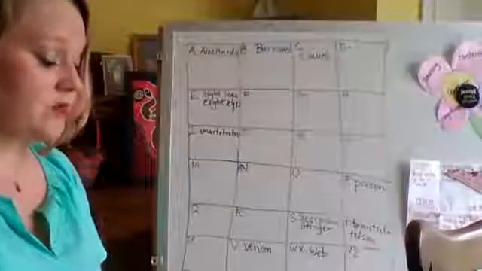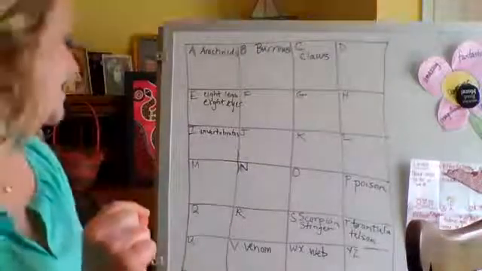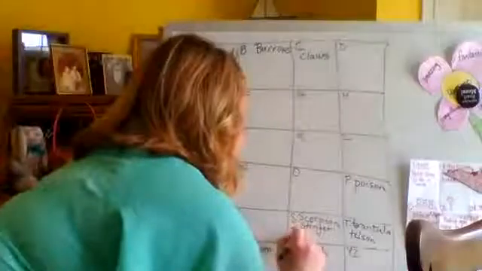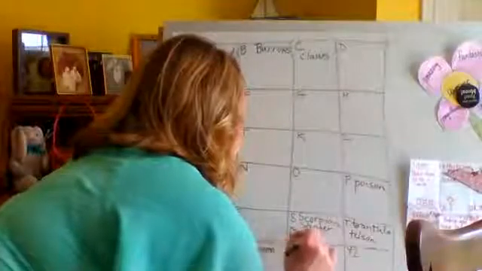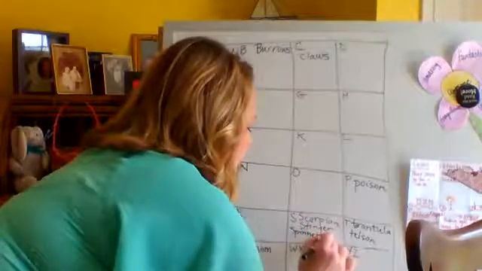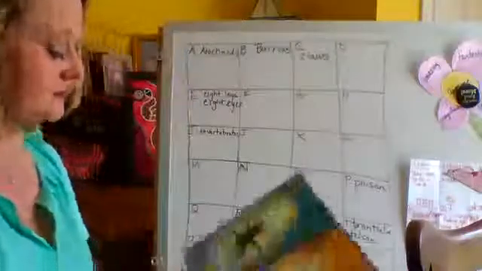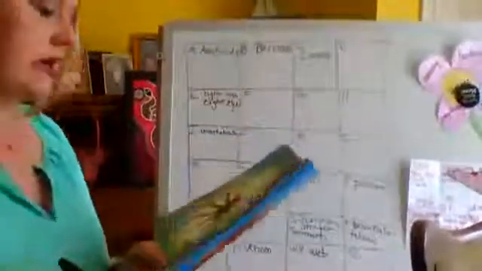Let's see. Oh, tarantulas. They do have spinnerets. So for S, I'm going to write down spinnerets. That's how animals will spin. I already wrote down claws.